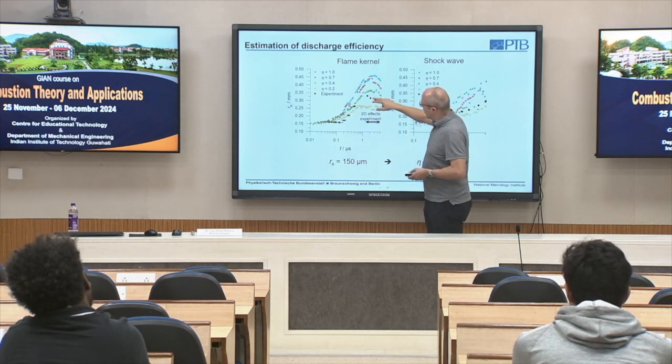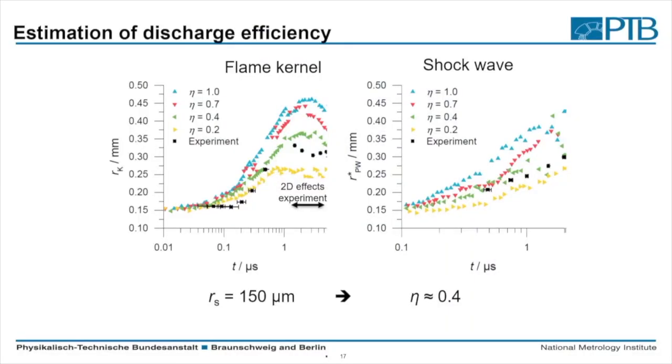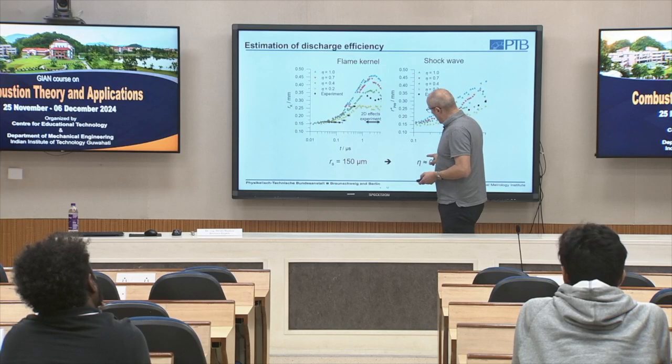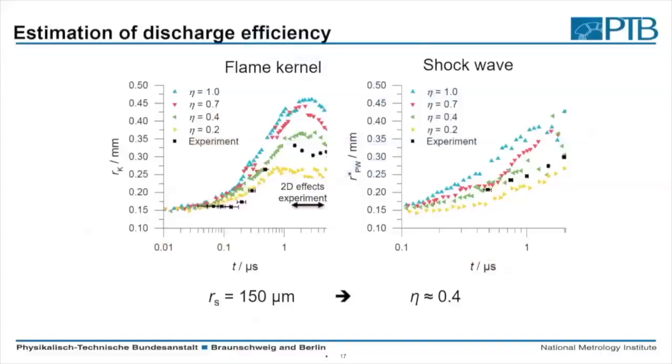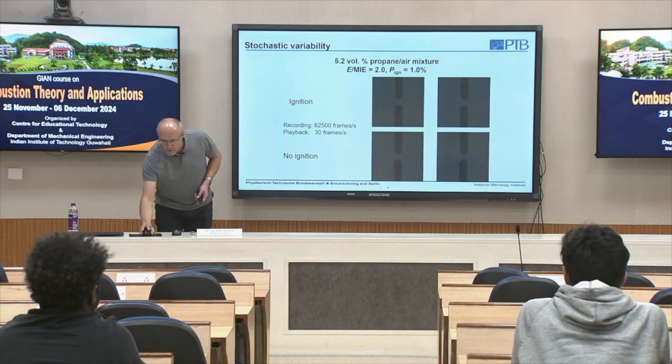And so you can see here the best comparison for the flame kernel and for the shock wave, the pressure wave. We yield, with an astonishingly high assumption, that 60% of the energy is not stored in the system. So only 40% is used for the ignition process.